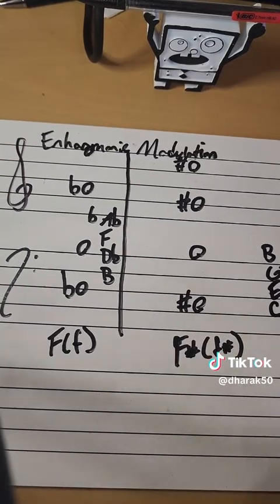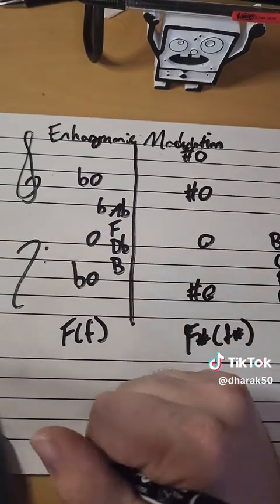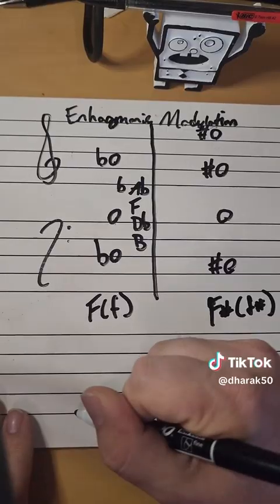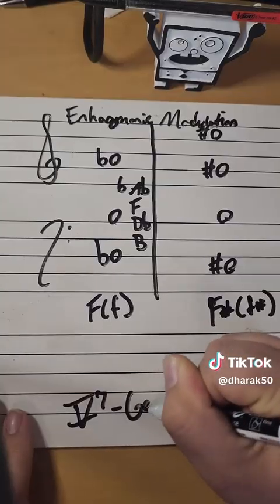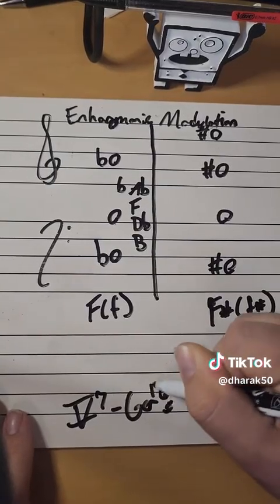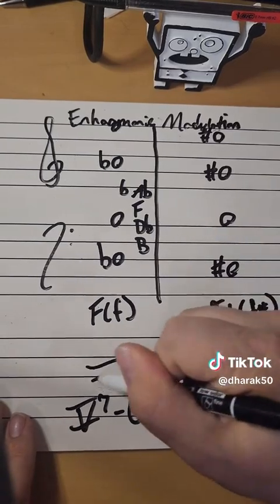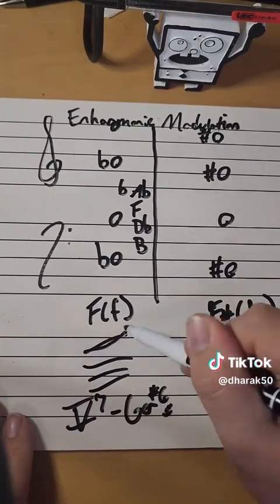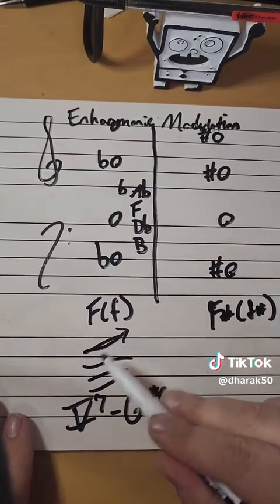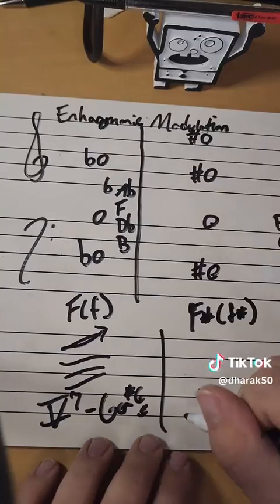Okay, so this one works a little differently, right? When you went from 5/7 to German 6, the 7th would go up, right? Now it's reverse.